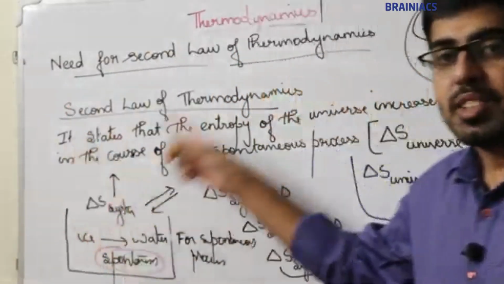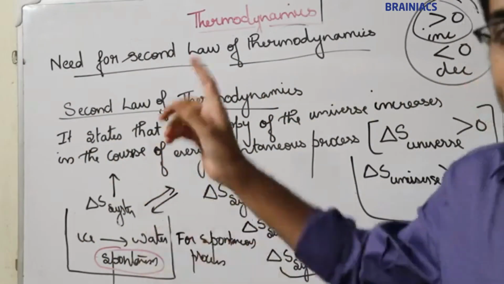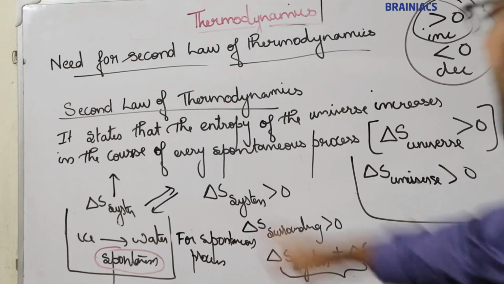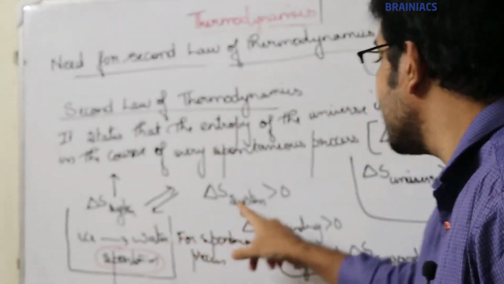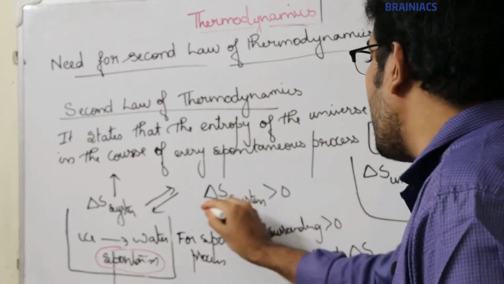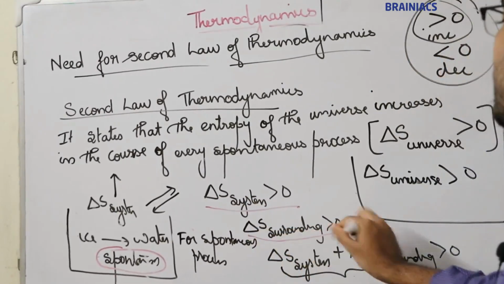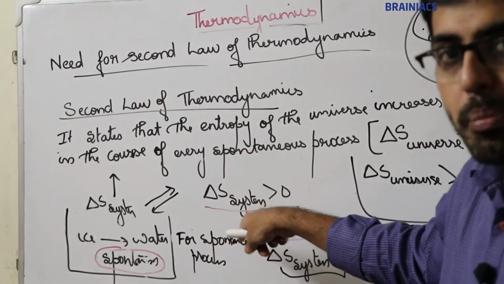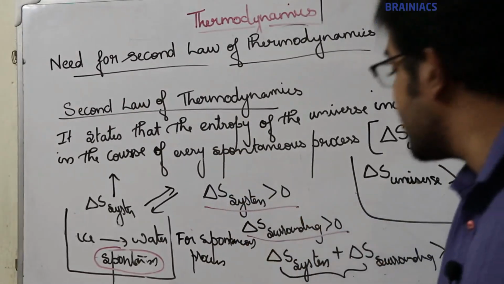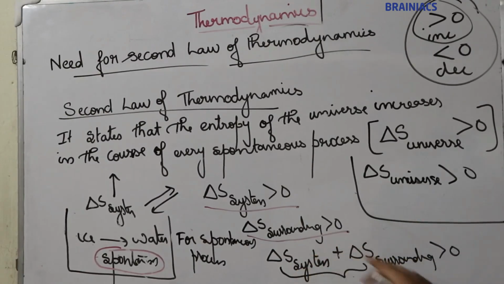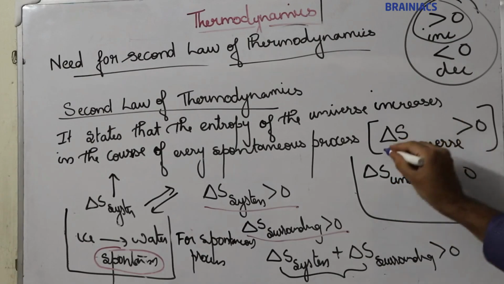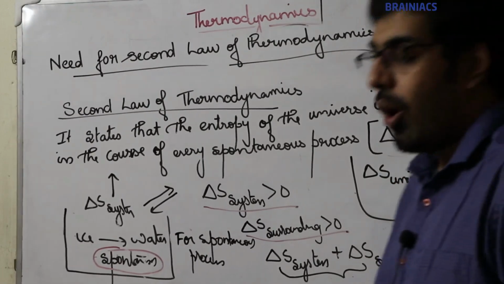Since system and surrounding are in close contact, entropy of system increases and entropy of surrounding increases. Entropy of system greater than 0, entropy of surrounding greater than 0. Both the entropies increase. So entropy of system plus entropy of surrounding is greater than 0. What is system plus surrounding? Universe. So entropy of universe increases. This is the second law of thermodynamics.